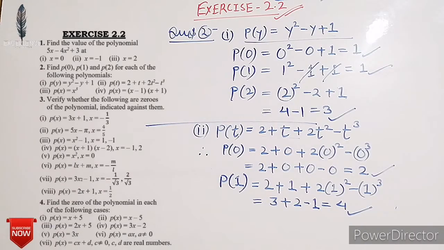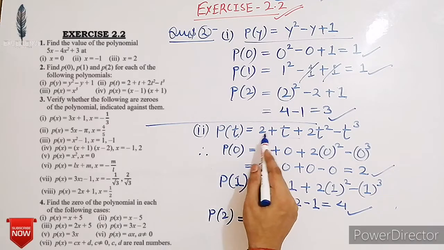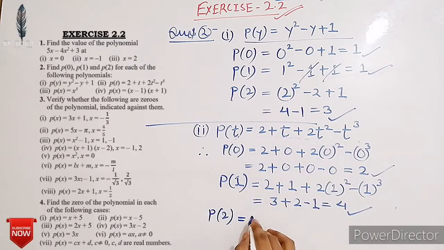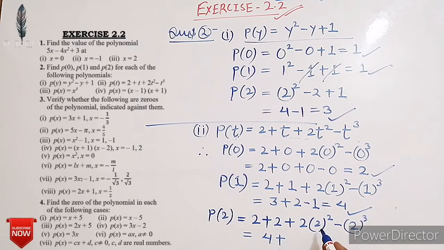Now p of 2 is equals to 2 plus 2 plus 2 into 2 square minus 2 cube is equals to 4 plus 8 minus 8, plus 8 minus 8 cancel, so it is equals to 4.